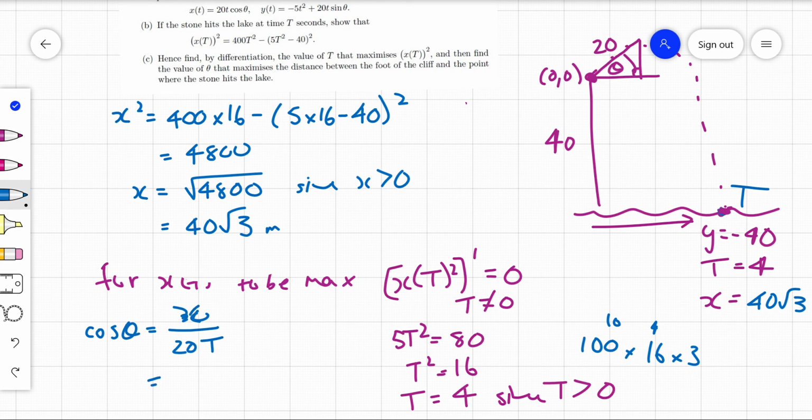We know the x now, that's 40 root 3, and the capital T is 4, so that's 80. So you can see that's going to just be root 3 on 2. So cos of what angle gives you root 3 on 2? Well, that's 30 degrees. So theta would be 30 degrees.